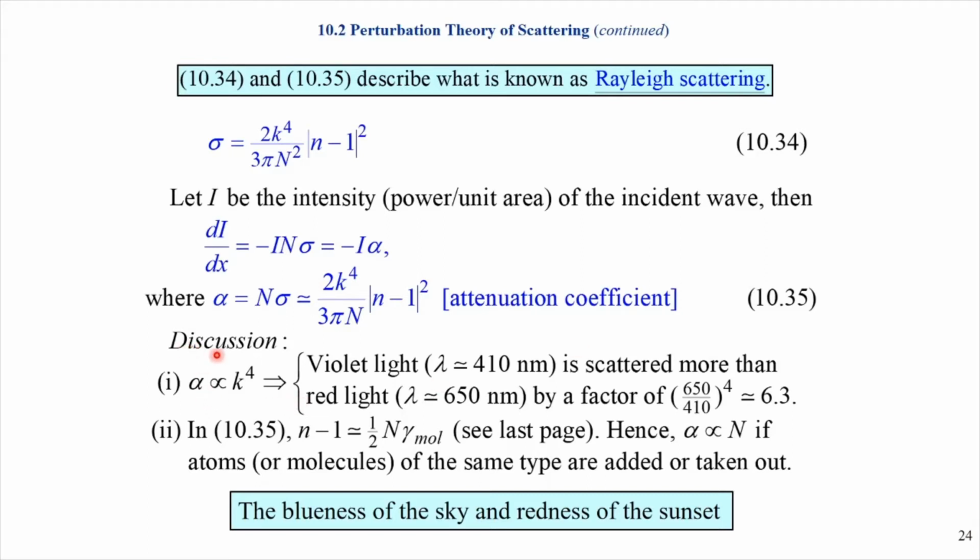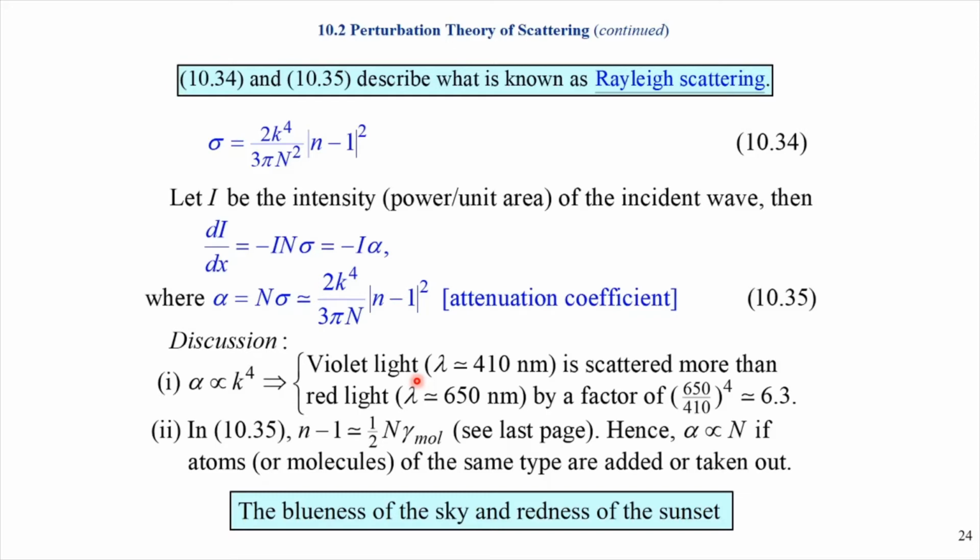So first, alpha is proportional to k to the fourth power. So at the violet line, the ultraviolet side, lambda is very small. So lambda is small, k is large, so it scatters more than the red line.